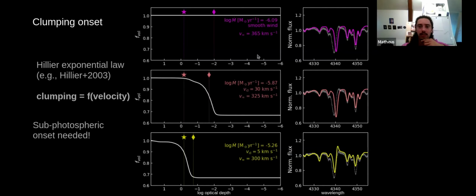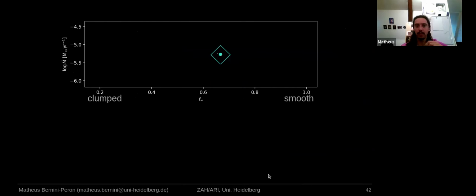And here you can really see that the mass loss rates change quite a lot when we change clumping, from -6 to -5.6, so almost one order of magnitude. The terminal velocity doesn't change much, because it also depends on what's happening in the outer part of the wind.